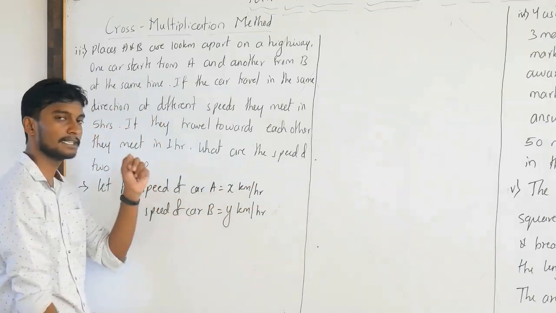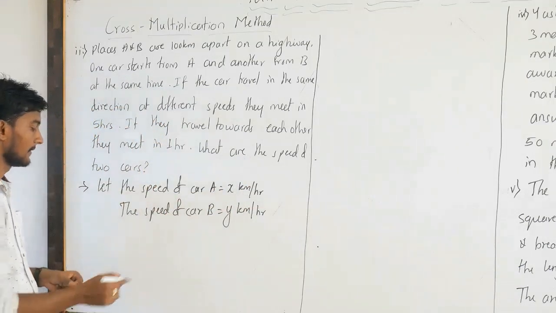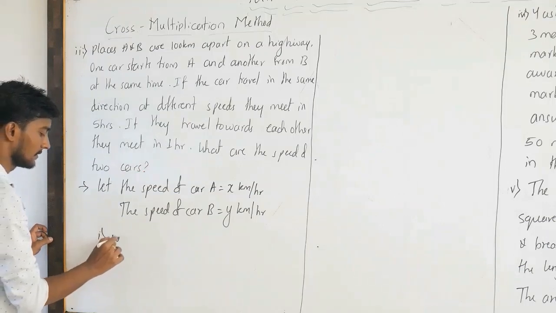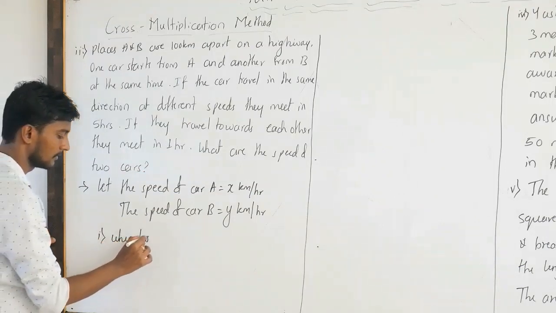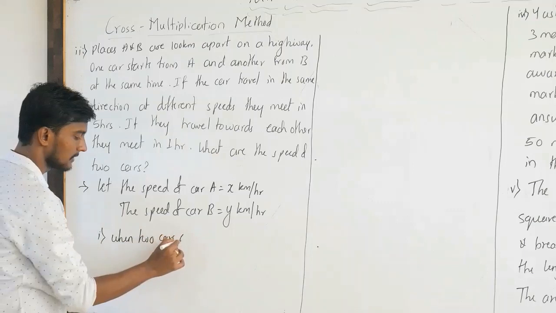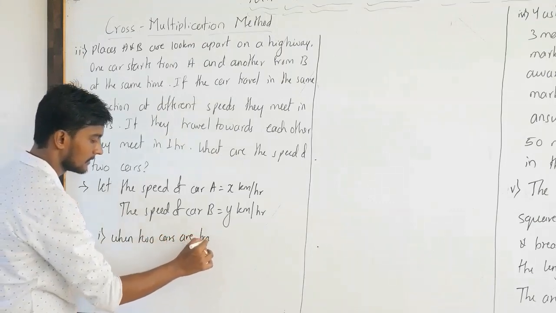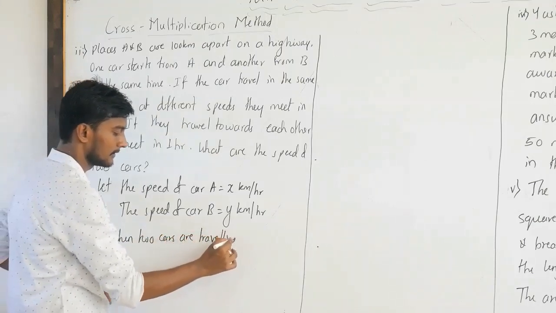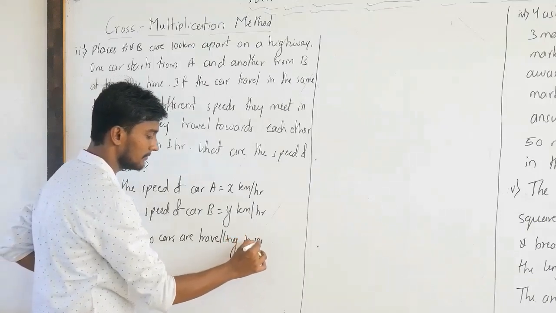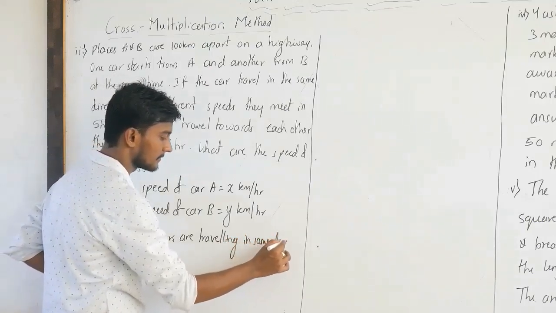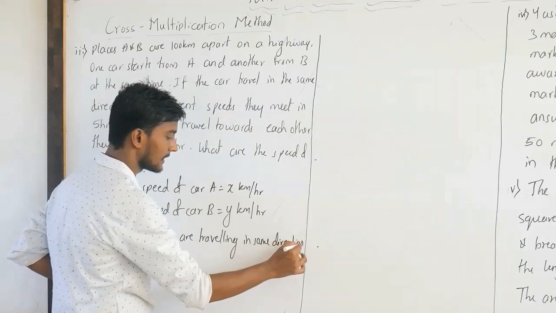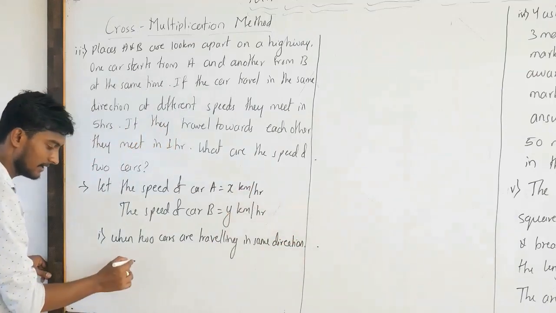One we have taken as x, the other as y. The first condition is when the two cars are traveling in the same direction. I will draw a diagram here.